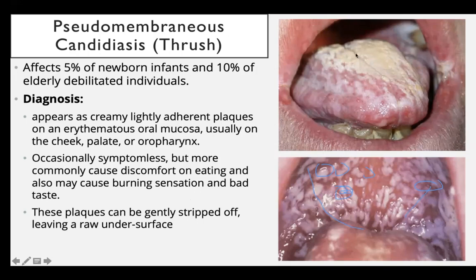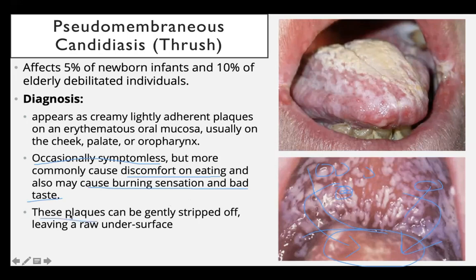It will not leave the tongue as it is; some manifestation will also be on the tongue, to distinguish from some viral infections. Occasionally symptomless, but more commonly it causes discomfort on eating because there are lesions, and causes a burning sensation and bad taste.